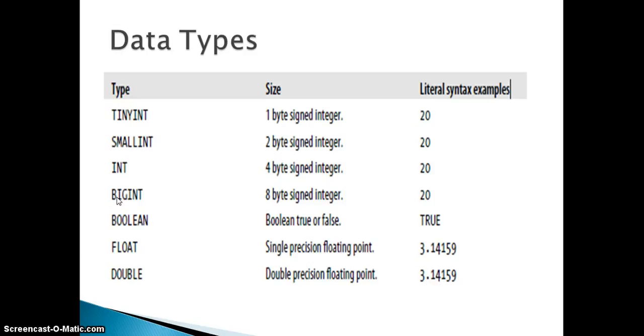That means in Hive, to make sure all your huge data is handled perfectly, we have different data types here, and we have boolean, float, double, right? Apart from this, we also have timestamp available in Hive. So these are the data types available in Hive, and literal syntax examples of each data type are provided over here.